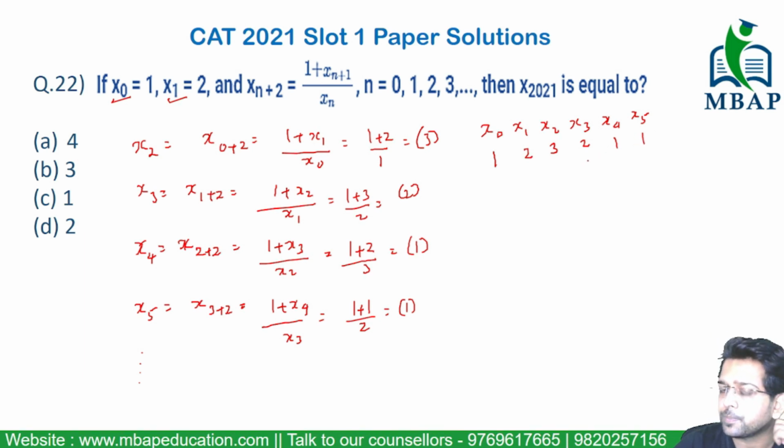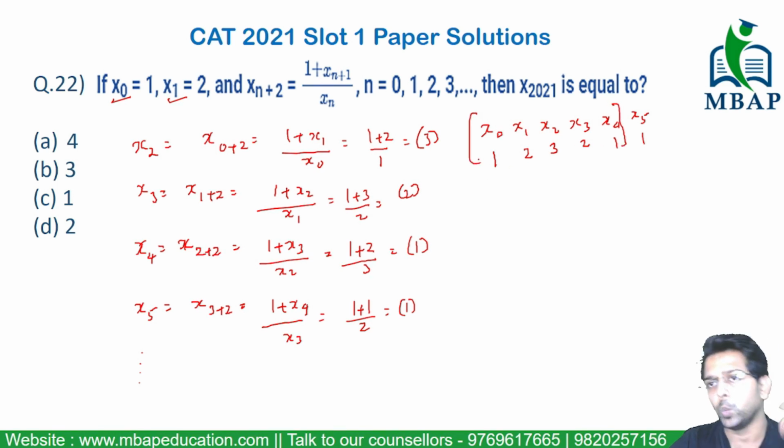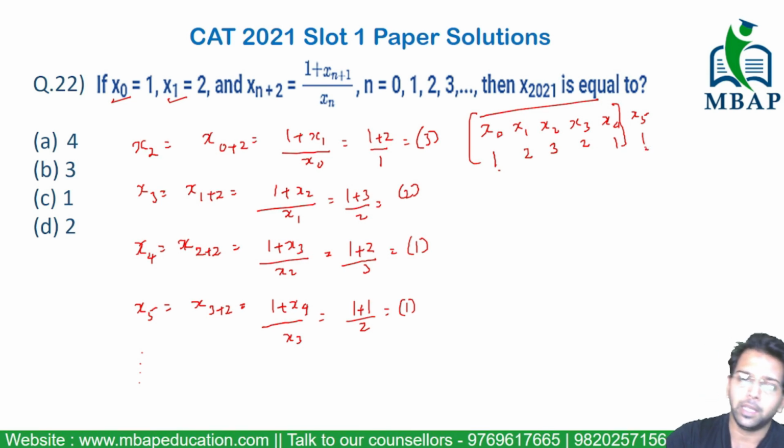Now if you solve this, you will see a series of 5 terms, starting with x0 to x4, which is 1, 2, 3, 2, 1. x5 will again be 1.